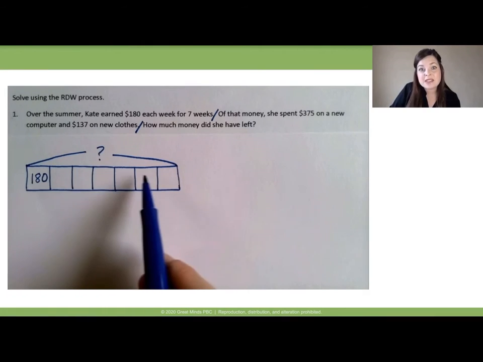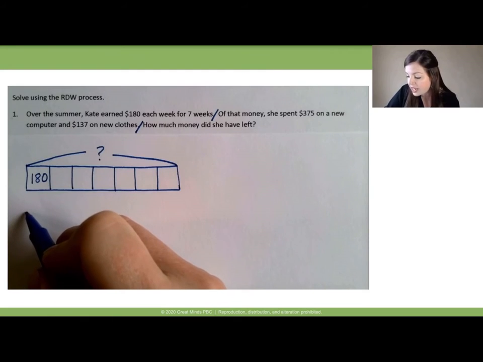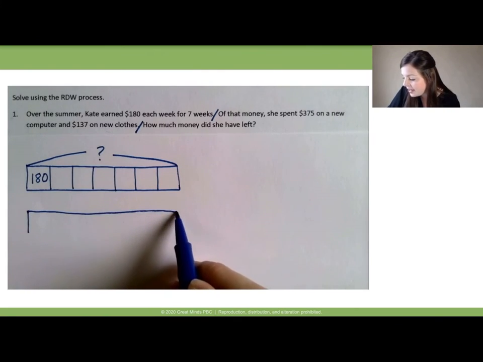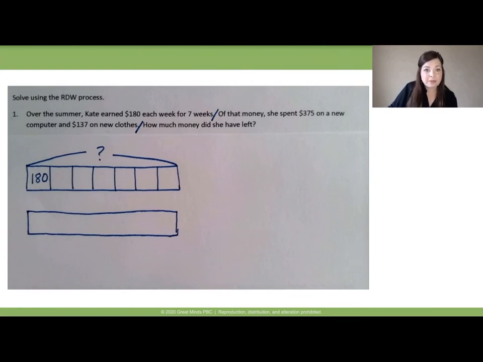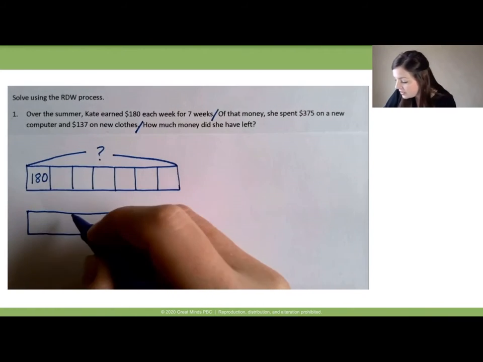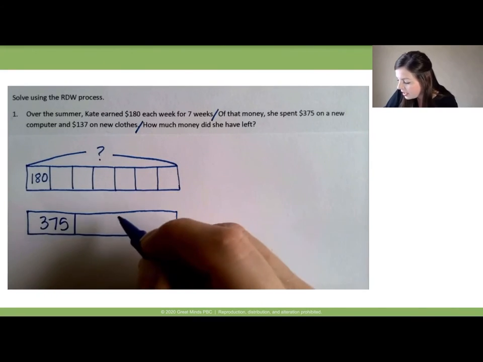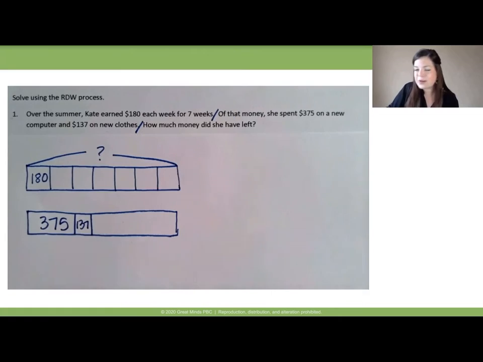And so she spent some of this money here. So let's draw another tape right underneath this one, that's the same size, because they have the same value. And let's show that of this money, she spent $375 on a new computer and $137 on new clothes.